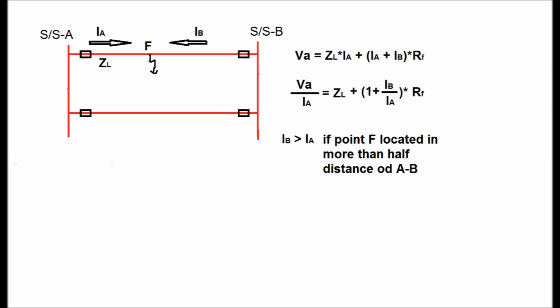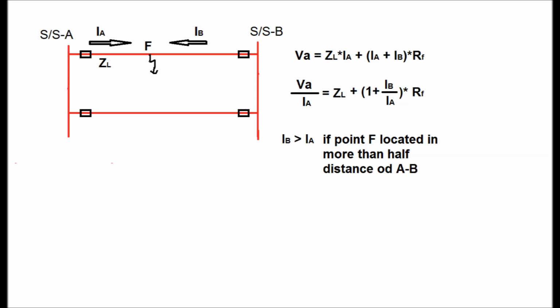Now from the substation A end the relay senses the voltage VA, which is equal to ZL into IA, where ZL is the impedance from the substation A end up to the fault point F, plus IA plus IB into RF. RF is the fault resistance. If it is a phase to phase fault, it is nothing but arc resistance and also the tower footing resistance.